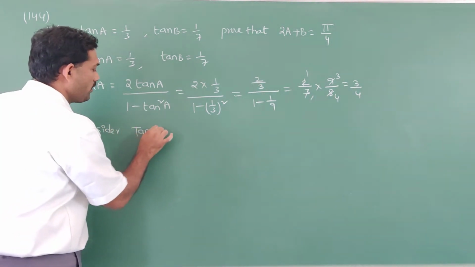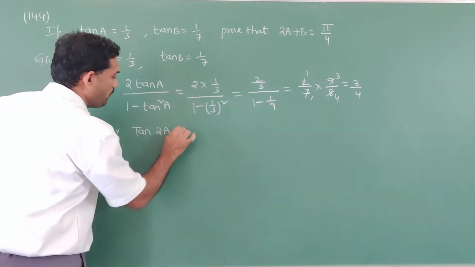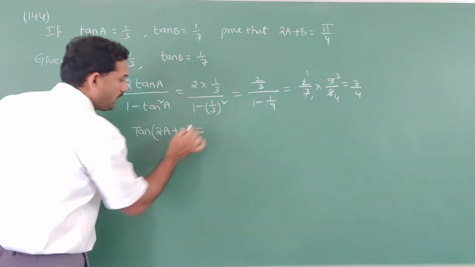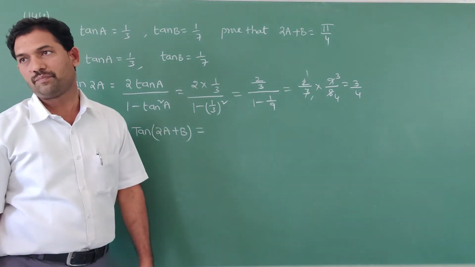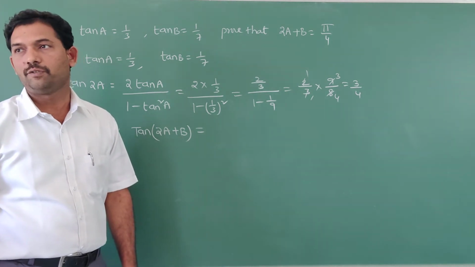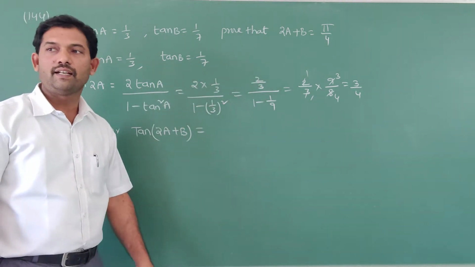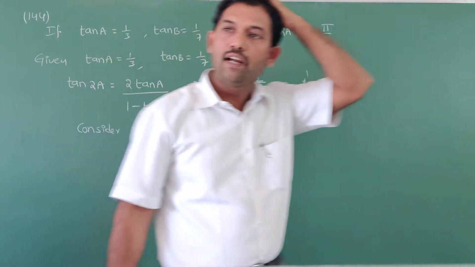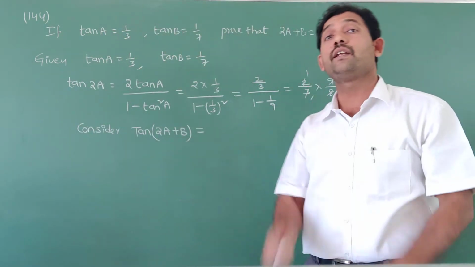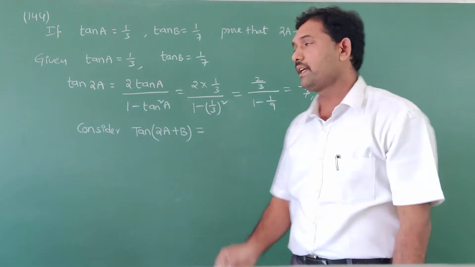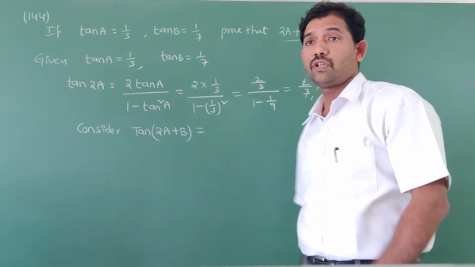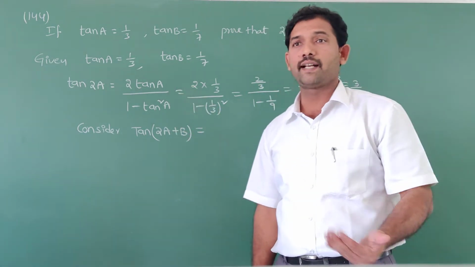After simplifying this, you consider tan of 2A plus B. You have to consider tan of 2A plus B, not the RHS value. You take only the LHS value. Why are we taking only tan of 2A plus B? This is given. The data is also given in terms of tan.